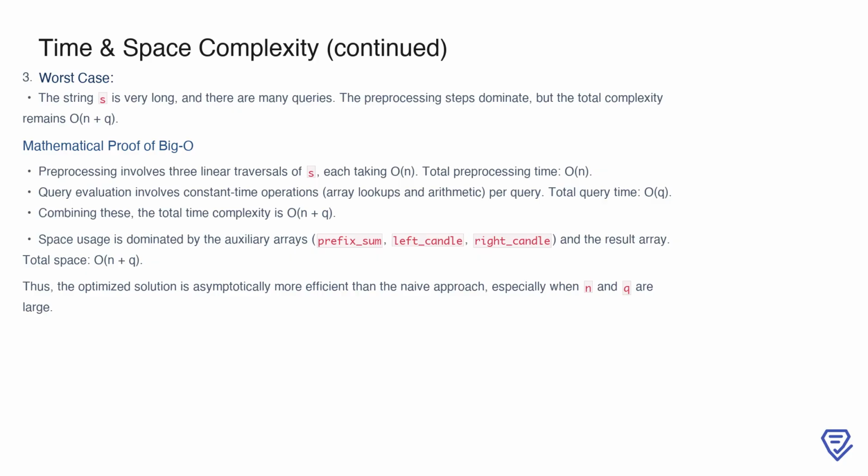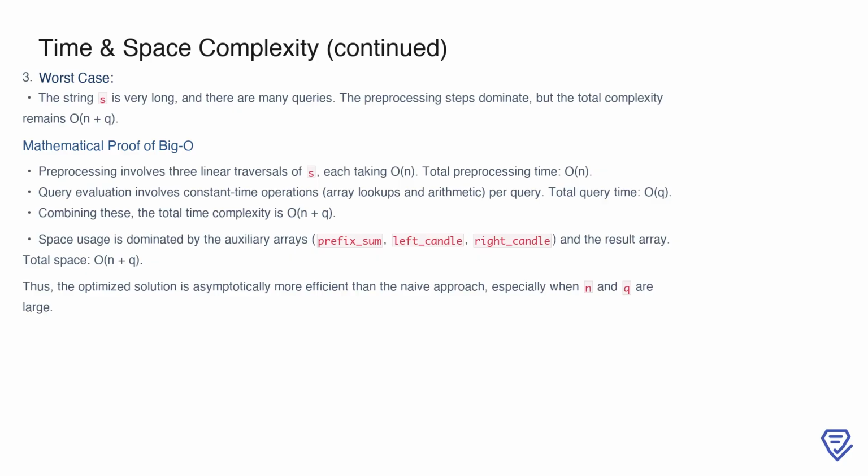To confirm this formally, we can break it down mathematically. The pre-processing involves 3 linear traversals of the string, each taking O(n), resulting in a total pre-processing time of O(n). Query evaluation involves constant time operations, such as array lookups and basic arithmetic, for each query, leading to a total query time of O(Q). Combining these, the overall time complexity is O(n + Q).